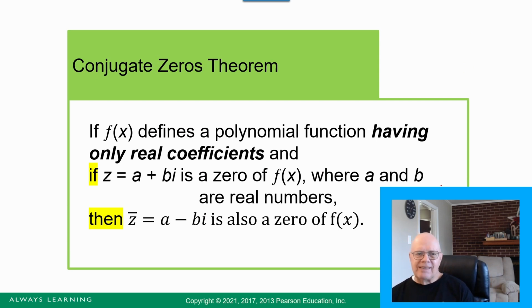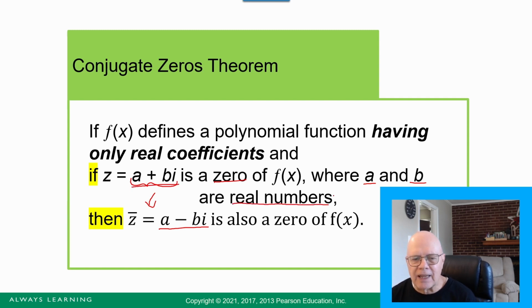So conjugate zeros theorem, we've actually mentioned this before. If you know or you're told that a plus bi is a 0, automatically then a minus bi is also a 0. One important thing is, and you probably won't run into this problem, that the a and b that I'm talking about back here are real numbers.